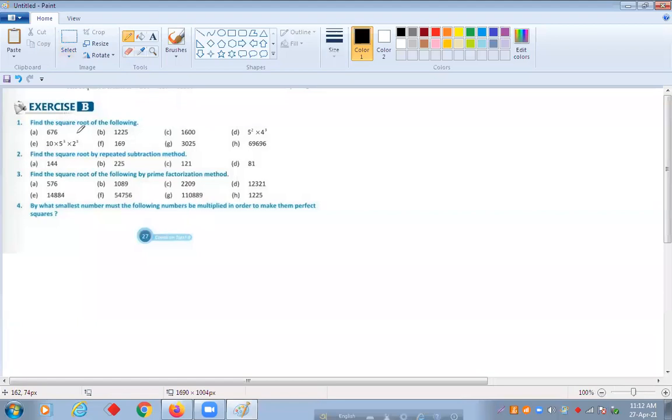Find the square root. How to do it actually, right? No, sir, not this one. By what smallest number must the following numbers be multiplied in order to make them perfect squares?